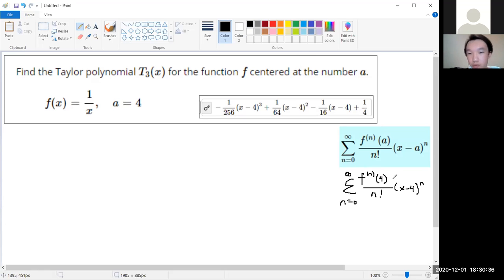So that's what we have so far. Since we're only looking for the third degree polynomial, we don't actually have to write out all the derivatives. We just need to write out enough derivatives until we get to the term with x to the third. So let's see how many we need.